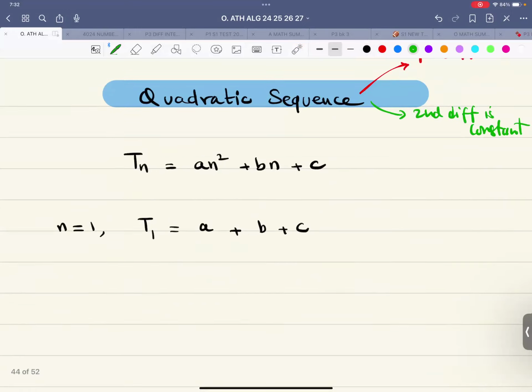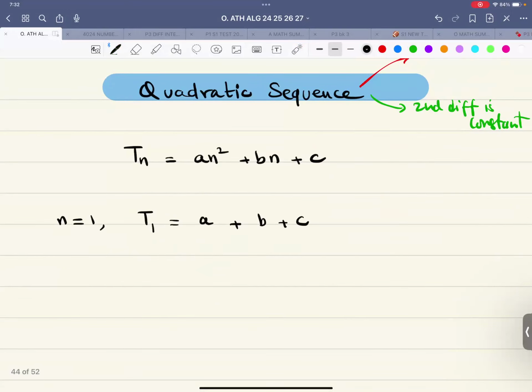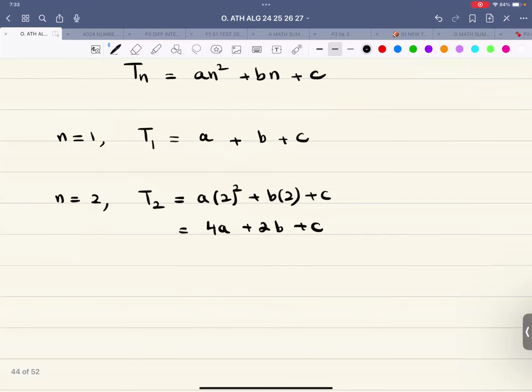So that is what the quadratic sequence is. Now I want to work it out. When we write n equals 1, T1 is a plus b plus c. If I write n equals 2, T2 is a into 2 squared plus b into 2 plus c, that is 4a plus 2b plus c, the second term.